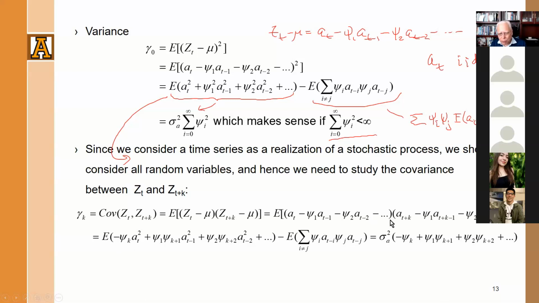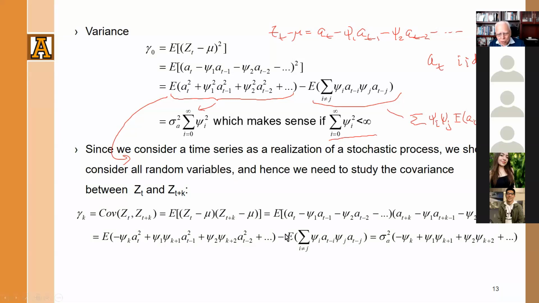If K is equal to 1, the term that I have is AT times AT times psi 1. Okay, so I have psi 1 times AT squared. That's when K is equal to 1.